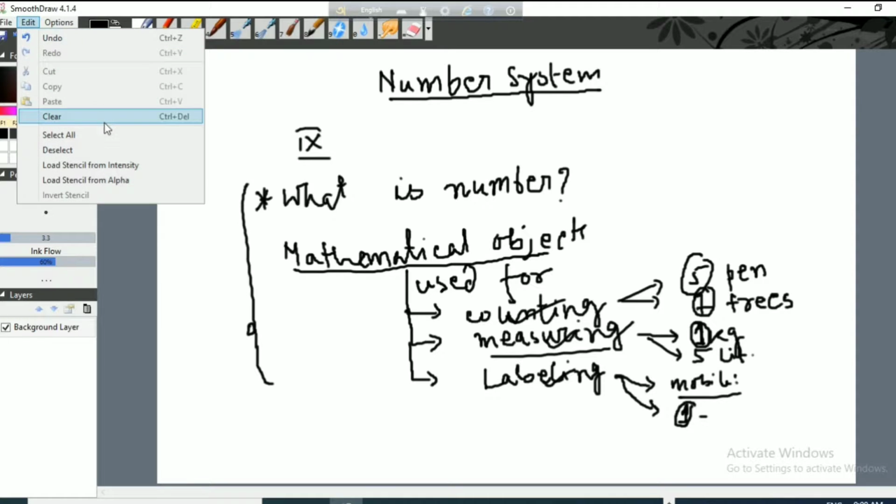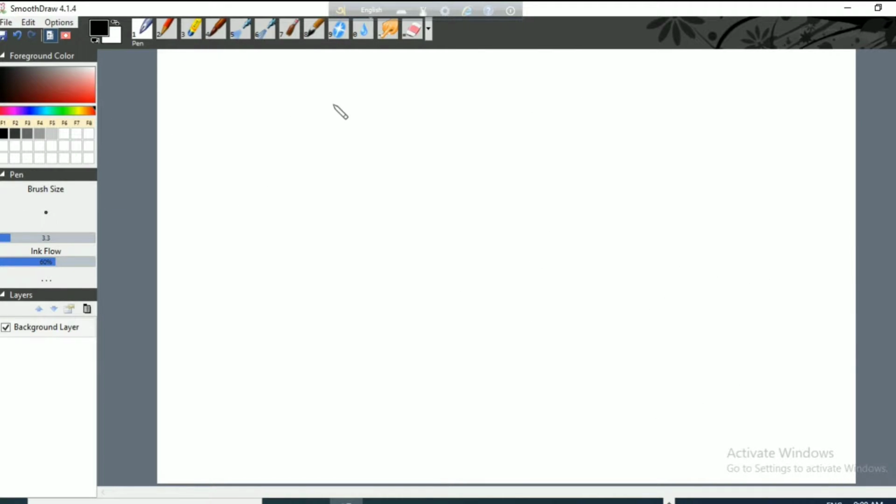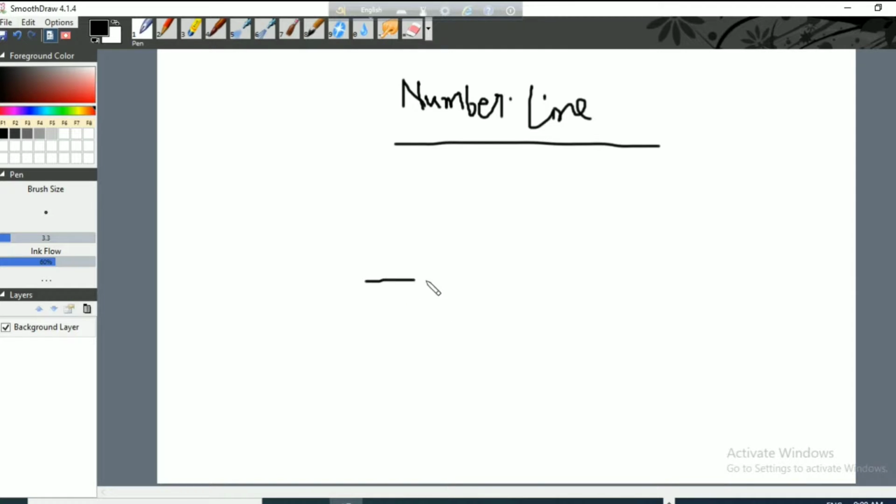Now let us move to number line. What is number line? Let us talk about it. First of all, let us draw a line and let us take this point as reference.